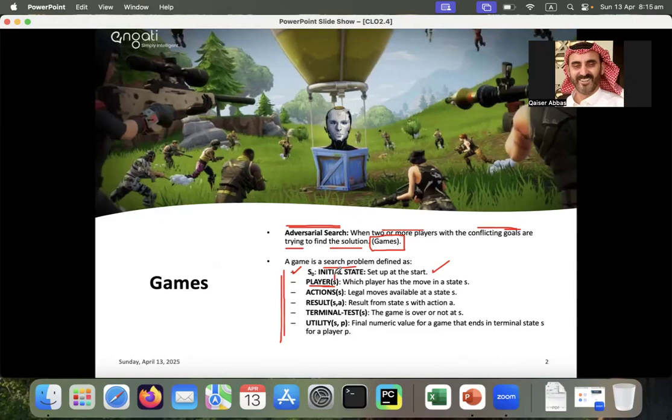This S is for state. You can simply write it as player, and then write a sentence saying how many players there are and which player has the move in state S, or you can simply say how many players you have in the game. Then Actions(S).